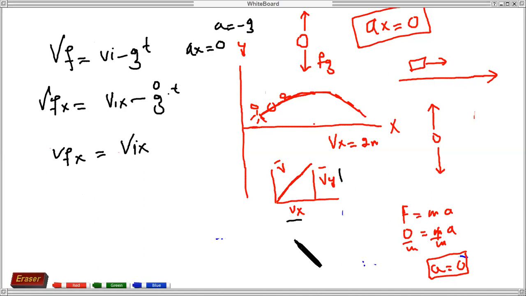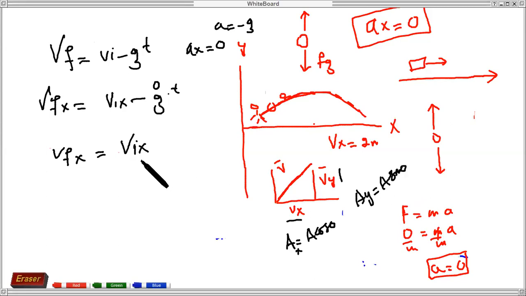How to find Vix and how to find the vertical components? We have a formula from before: for a vector A, Ax equals A cosine theta, and vertically Ay equals A sine theta.